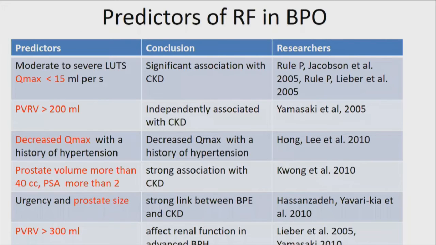It's proved in literature the association of these predictors, specifically post-void residual volume more than 200 to 300, maximum flow rate less than 5 mils, Qmax, prostate more than 40 cc, PSA more than 2, was associated with renal failure in benign prostate obstruction. So if we get a patient with these numbers, we want to warn ourselves as well as the patient, there's a chance of disease progression and renal failure, so that we have to treat them accordingly.